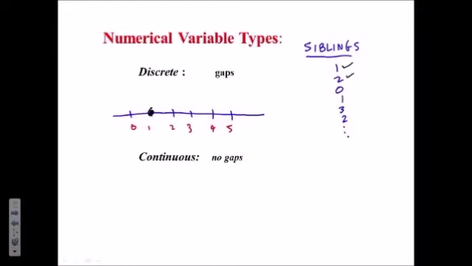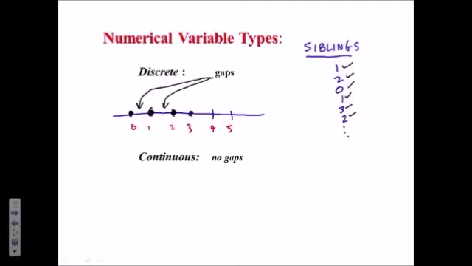Then we had a 2, then a 0, another 1, 3, 2, and so on. Notice that these numbers on the number line have gaps. There are spaces where there are no numbers.